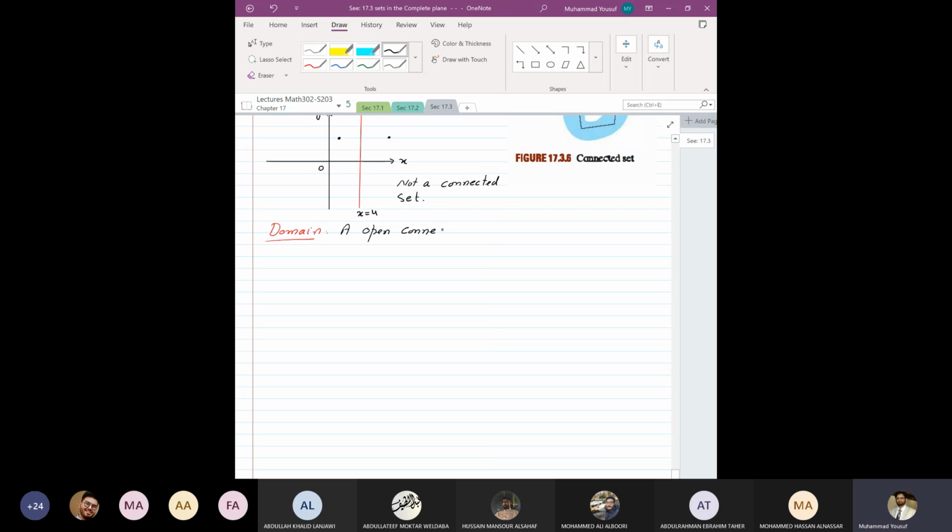A region is a domain in the complex plane with all, some, or none of its boundary points. If it contains all its boundary points, maybe some of its boundary points, or maybe none of its boundary points, then we call it a region.